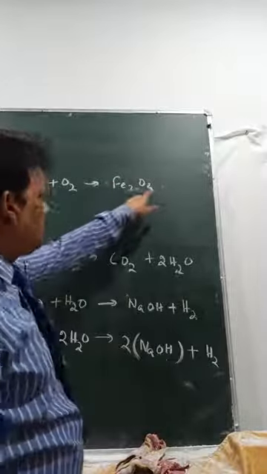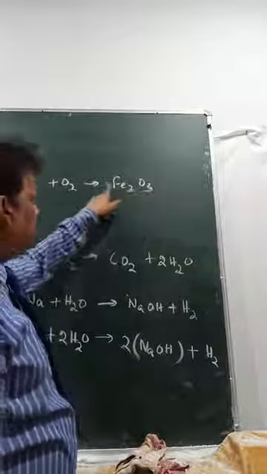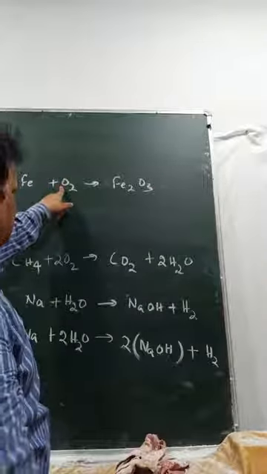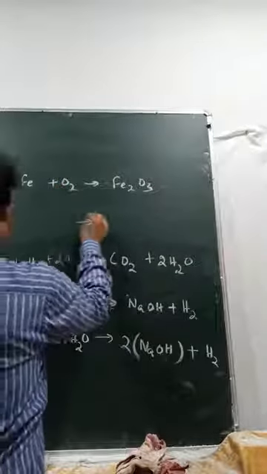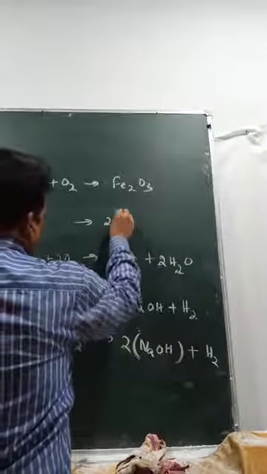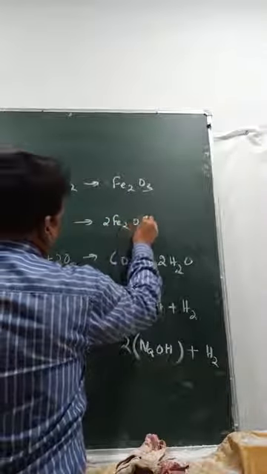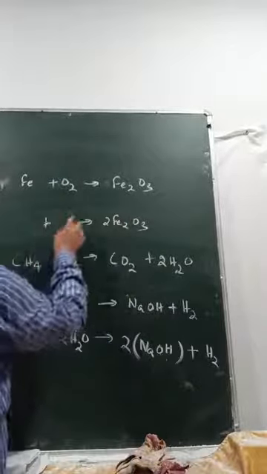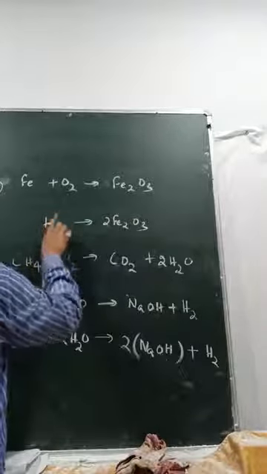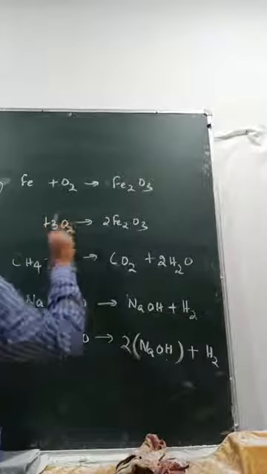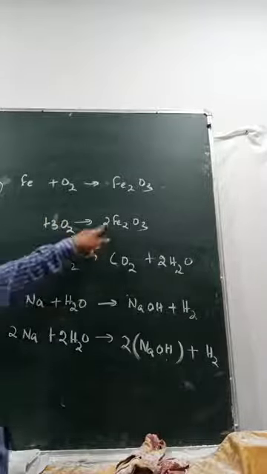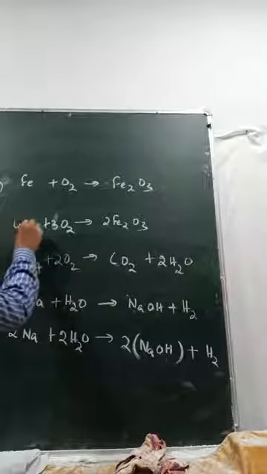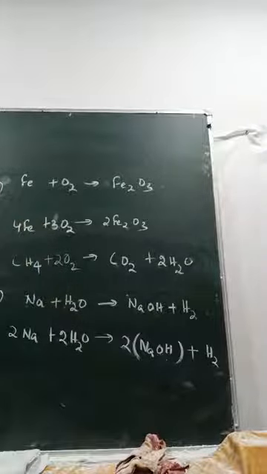Look at this odd number pattern. If you multiply 2, this will be 6, if you multiply 3, it will also be 6. Means you are getting 2Fe2O3. Oxygen becomes 6. The oxygen will be here 3O2. Then this is 4, this is 4, this is 1. So 4Fe. So now it is balanced.